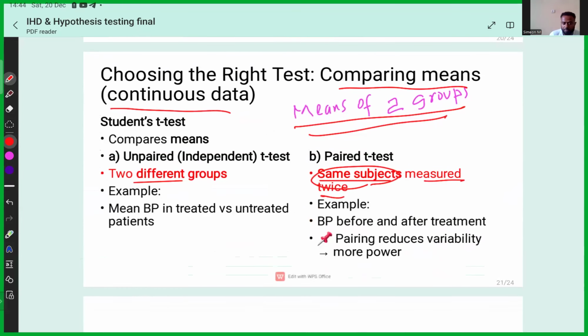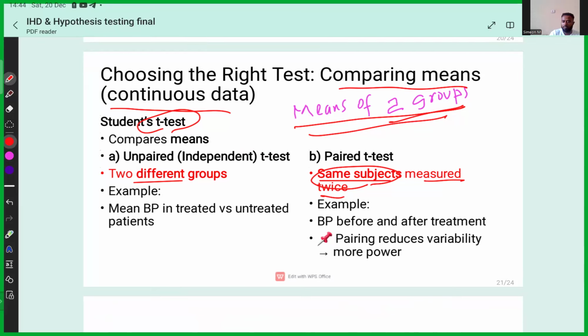So let's see the first one, comparing the means of continuous data in two groups. If we are comparing two groups, we are going to use the t-test. There are two types of t-test, unpaired and paired. In the unpaired t-test, we are comparing the means in two different groups. For example, let's say we are comparing the blood pressure in treated and untreated patients.